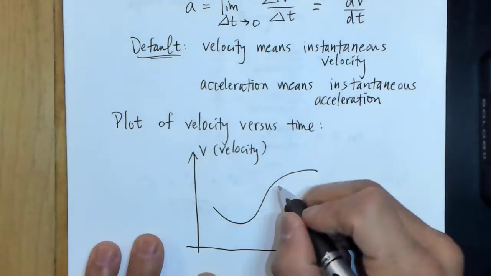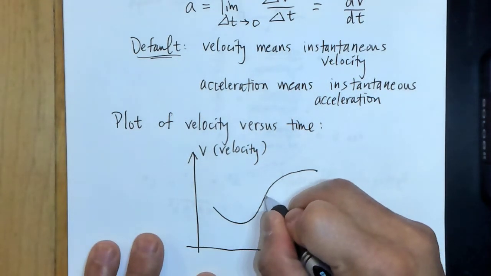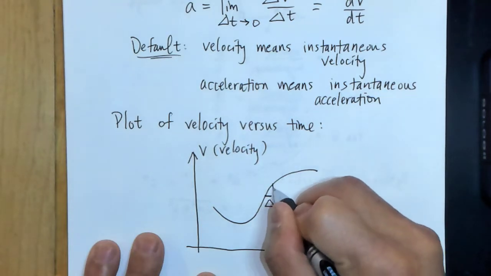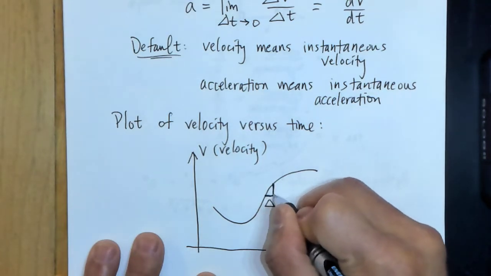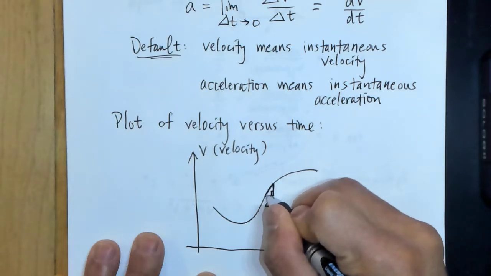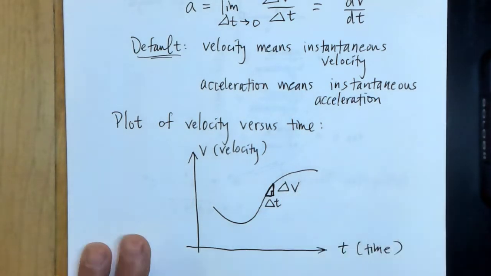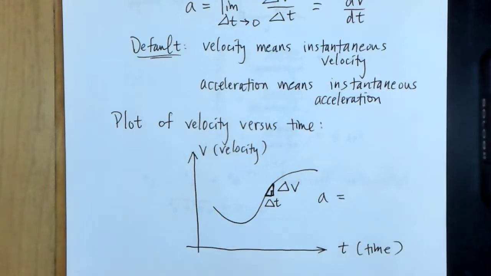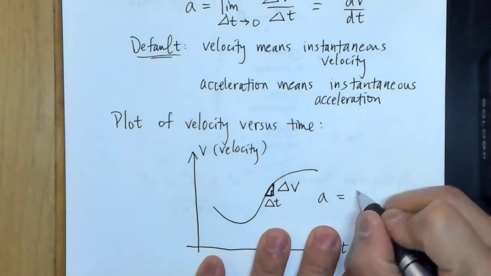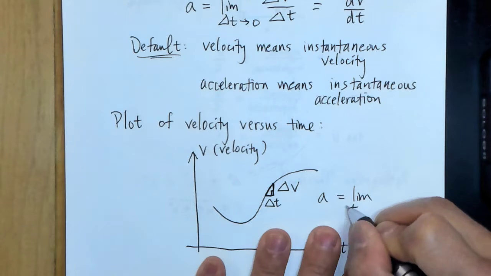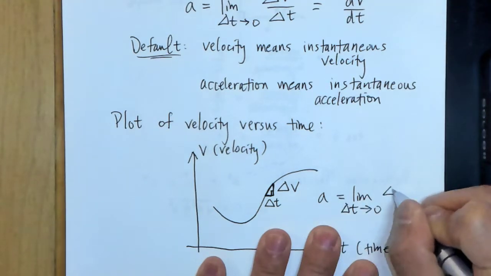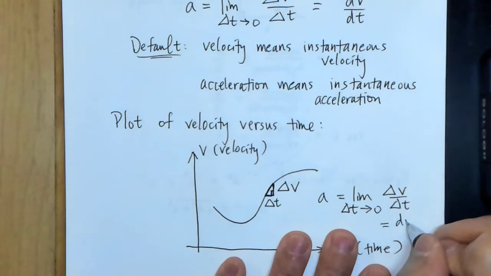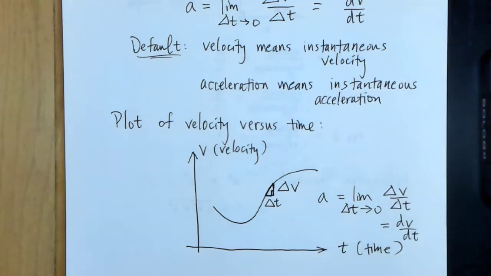Okay, and now if I have, let's say, a little time interval here, here's my delta t again. And let's say, here's my little triangle. That's my delta v. Then I can write down the instantaneous acceleration. It's the limit of delta t going to 0 of the ratio delta v over delta t, or just the time derivative of v.